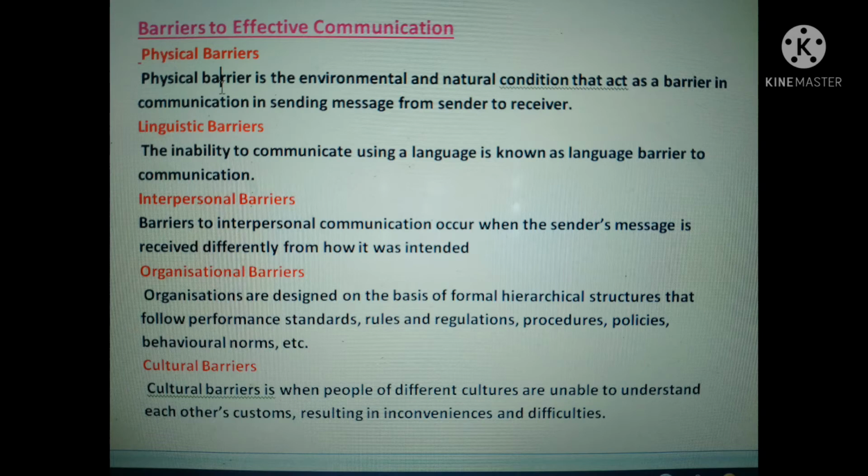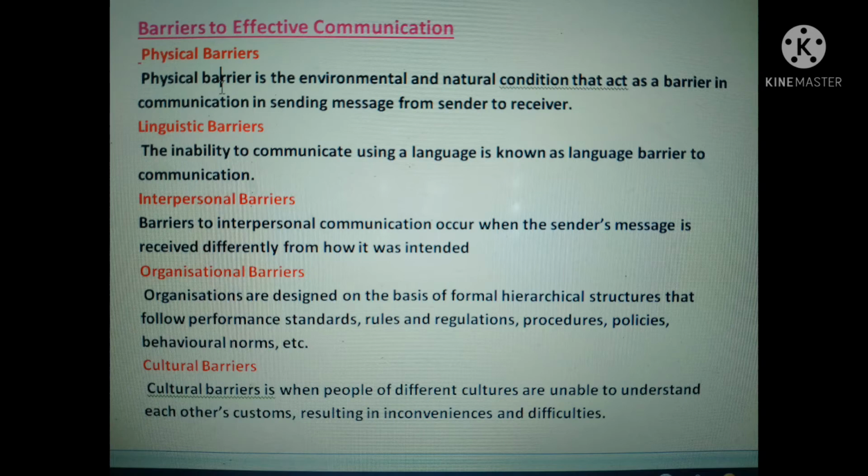Then the third one is interpersonal barriers. Barriers to interpersonal communication occur when the sender's message is received differently from how it was intended. Then organizational barriers.